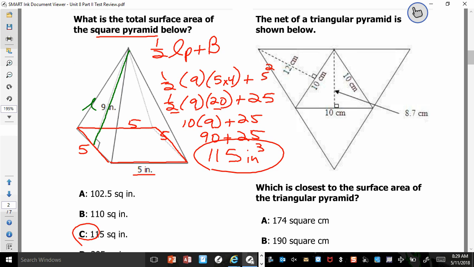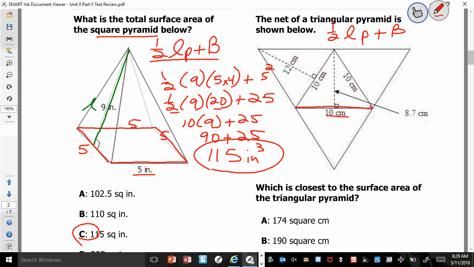All right. So look on your formula sheet. You see there's no triangular pyramid listed? Yeah. That's because they give you big B. So big B represents the area of base, so it doesn't matter what the base is. So it's the same formula as this one. All right, 1/2 LP plus big B. So here we're going to use perimeter.